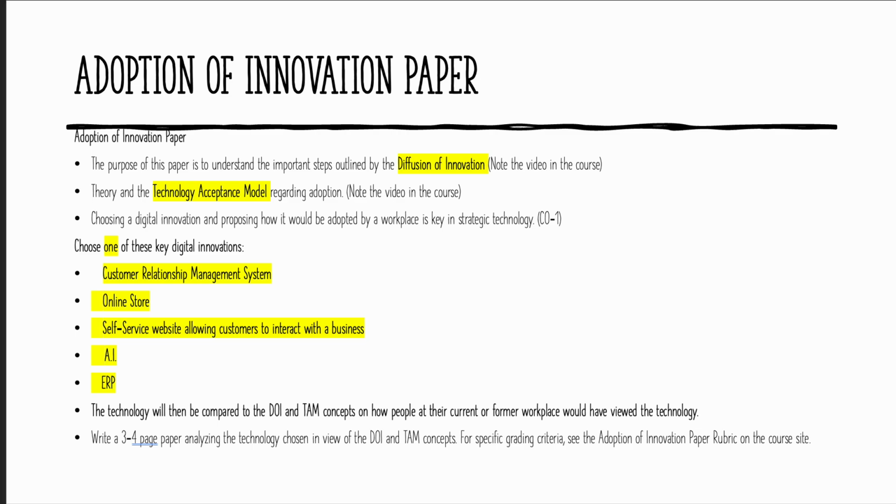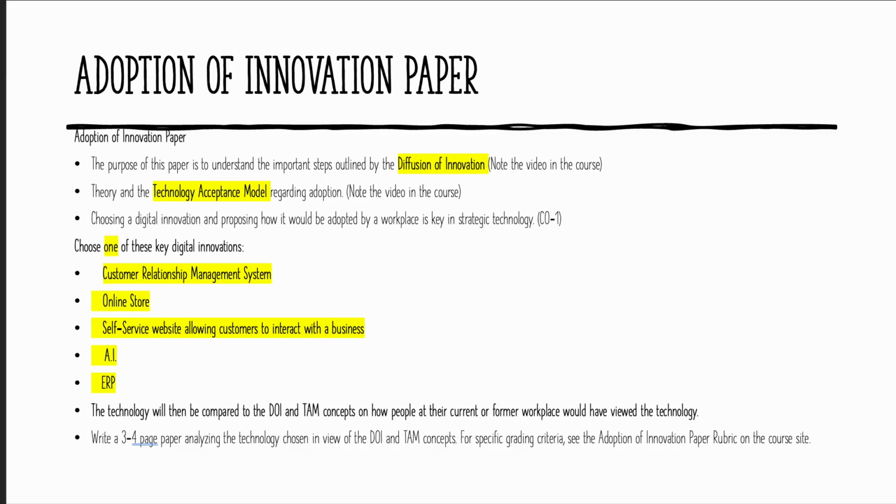And ERP systems, enterprise resource planning, which are large databases that control businesses and are all inclusive. Every department is layered into this database, and they're very powerful. The technology will then be compared to DOI and TAM concepts that are in the course.